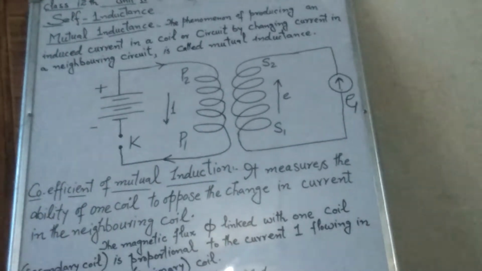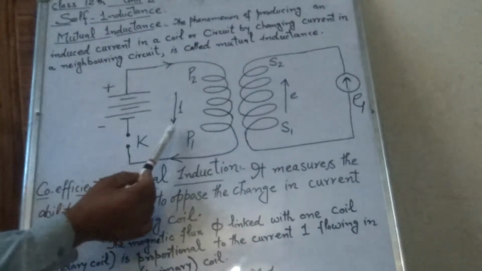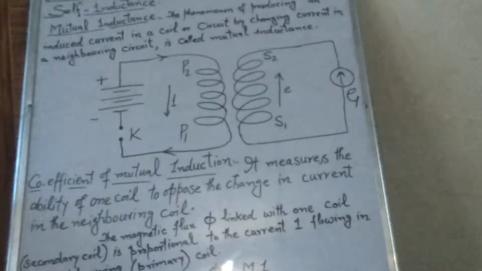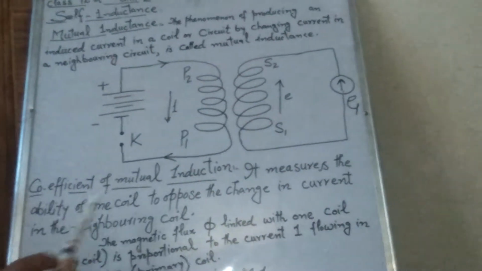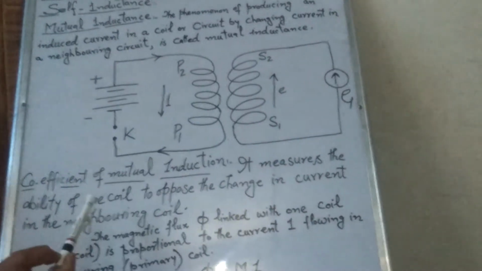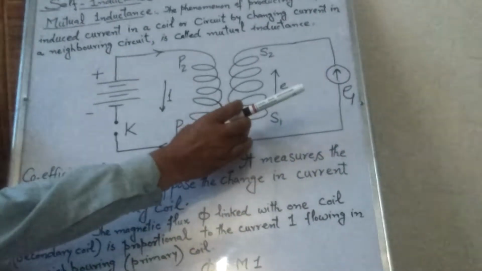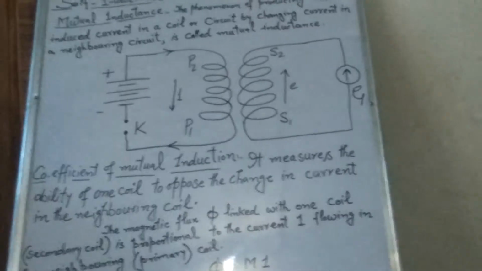We will consider two circuits or two coils as shown here in the figure. We consider them as the primary circuit and the secondary circuit, which are neighboring to each other, not in contact.